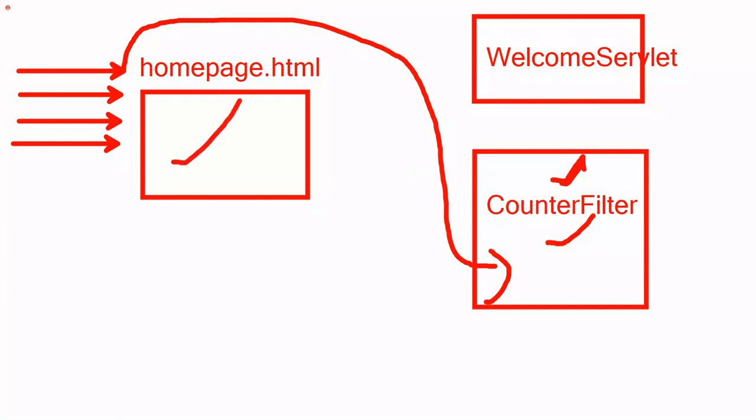Then can you display that count here? How will we bring data from the filter to HTML? It is an HTML program, not a Servlet. Can you retrieve the data from filter to HTML? No. Then what do you have to do?